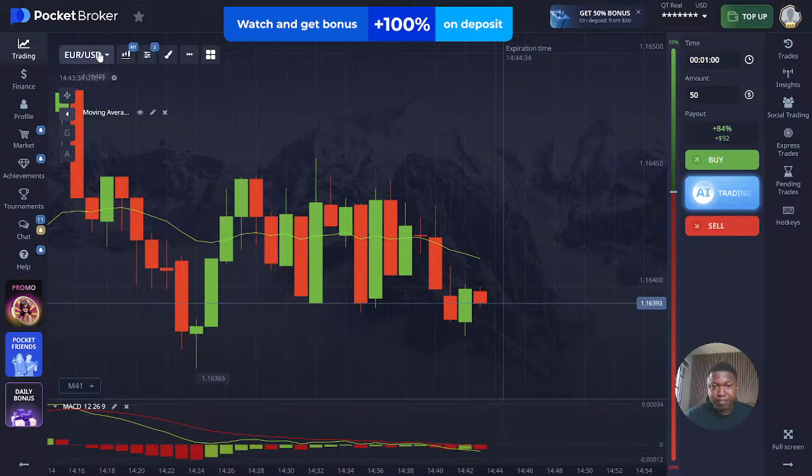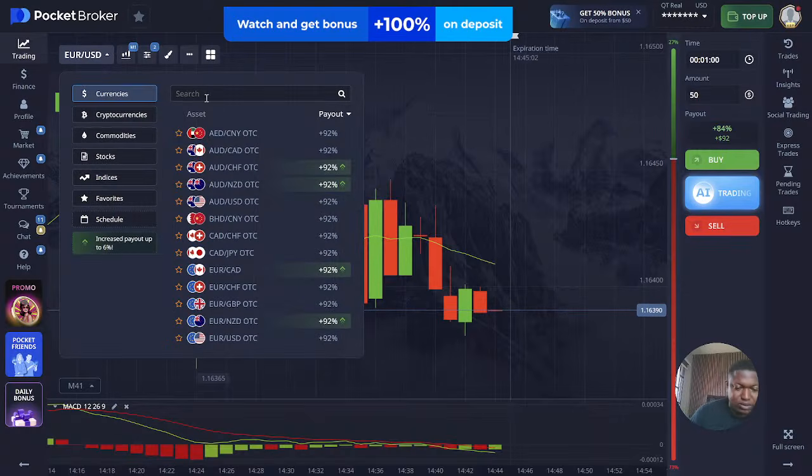Hold on. While we still monitor the markets, let's change to GBP.